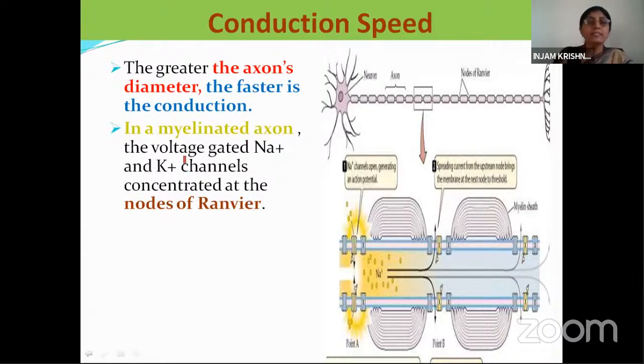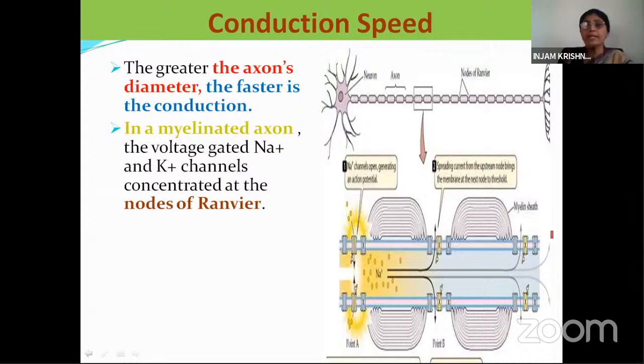In a myelinated axon, the voltage-gated sodium and potassium channels are concentrated at the nodes of Ranvier. Watch here, this is the myelinated fiber.